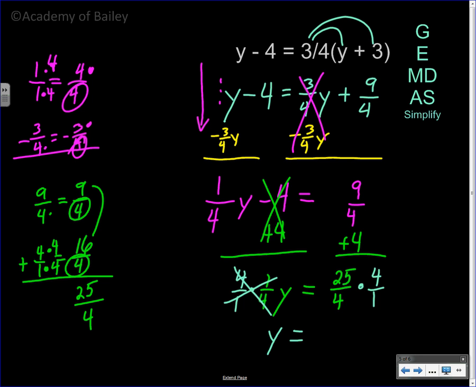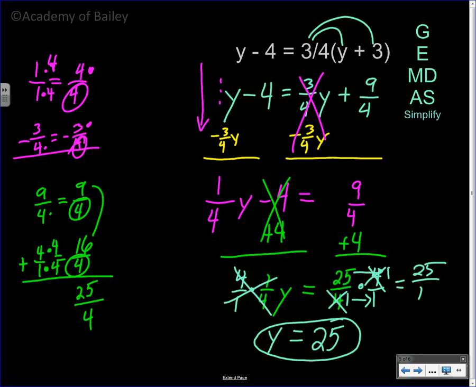I see a 4, and I see a 4. There's a number that goes into both of them, and that would be 4. So 4 goes into 4 once. 4 goes into 4 once. Multiply the top numbers. 25 times 1 is 25, and 1 times 1 is 1. And what's 25 over 1? 25.